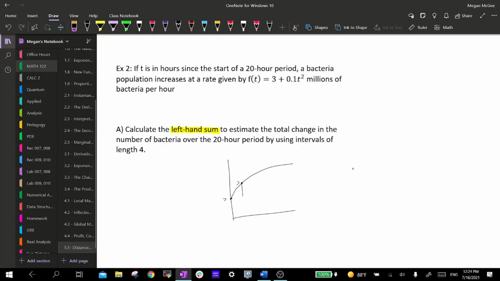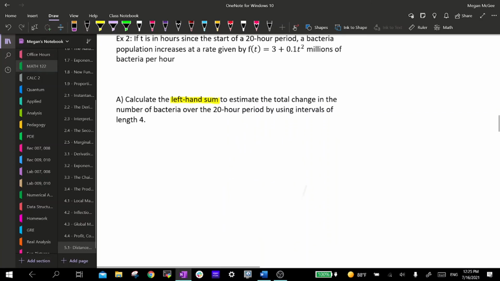And again, if we calculated our top point here, and again as our top point here, this would be our right value. So this would have been a right-hand sum. Okay? So we want to go ahead and calculate the left-hand sum. And I'm going to actually define these more in depth in a moment.